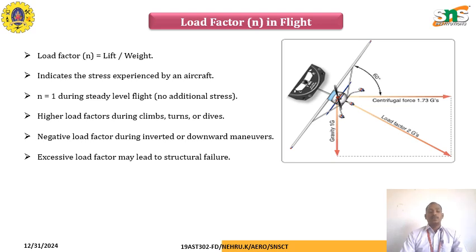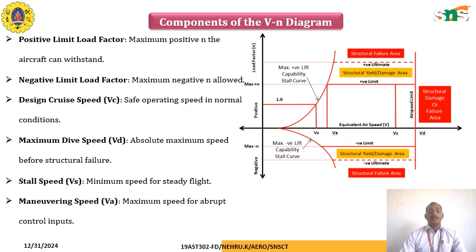Negative load factor occurs during inverted or downward maneuvers; an excessive load factor may lead to structural failure. The major components of the VN diagram are the positive limit load factor, the negative limit load factor, design speed VC, maximum diving speed VD, stall speed, and maneuvering speed.